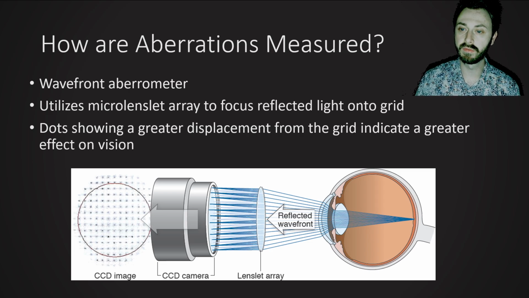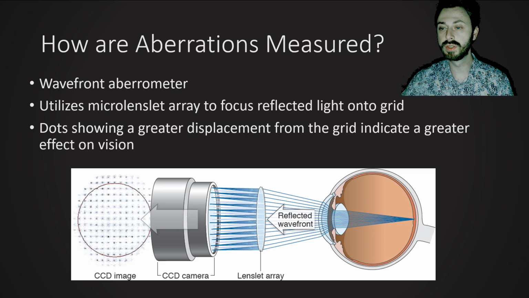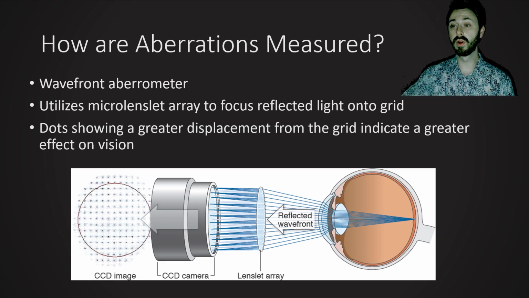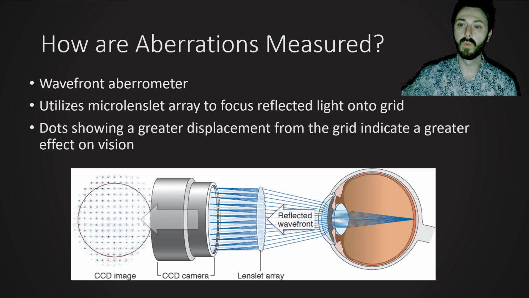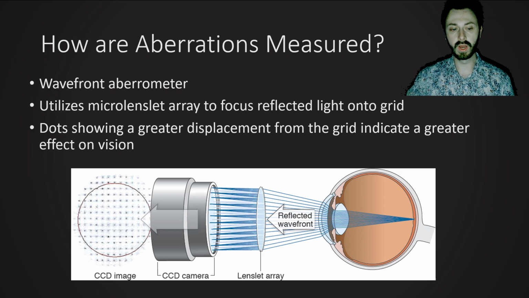It is re-refracted through the ocular structures, then emerges from the eye. After emerging from the eye, it comes in contact with a micro lenslet array, which focuses the light onto a grid. This grid is programmed to match up with a perfect optical system.